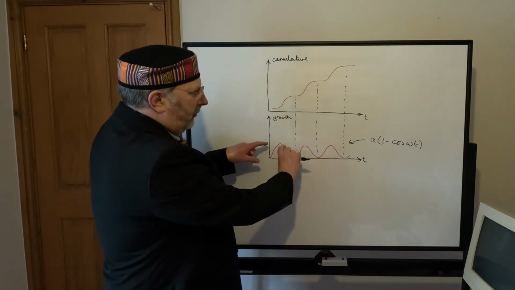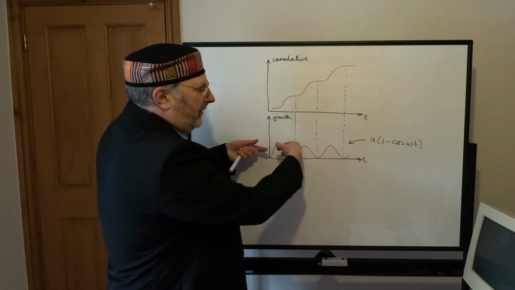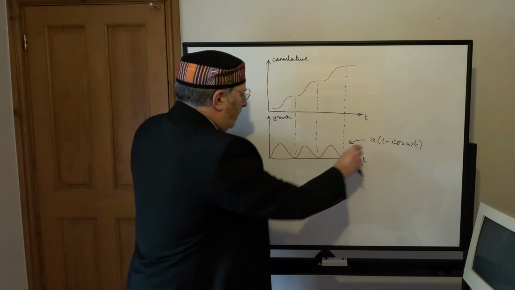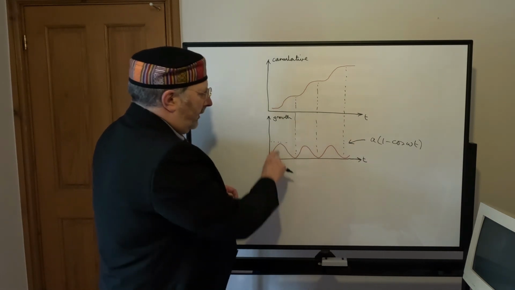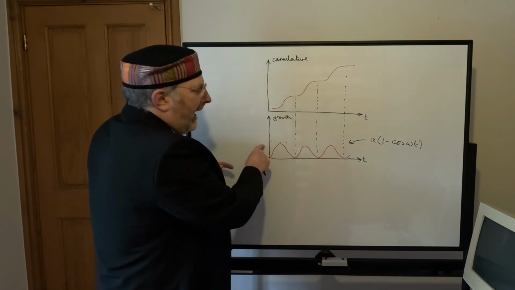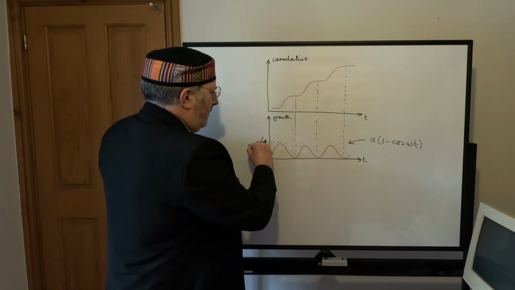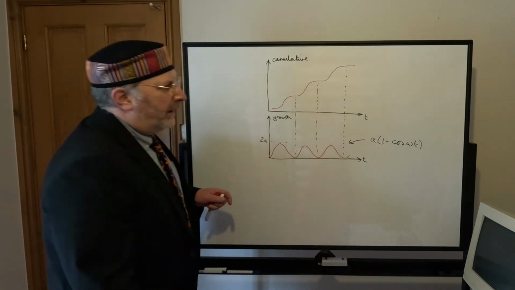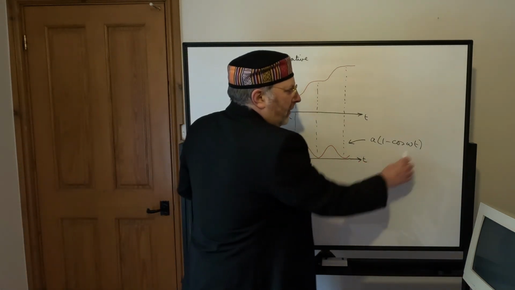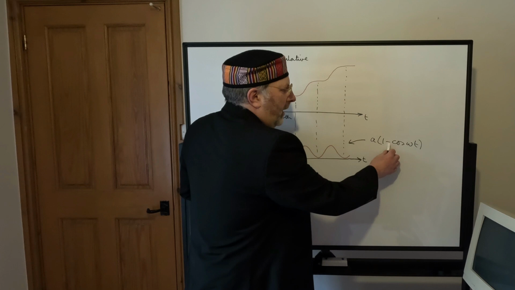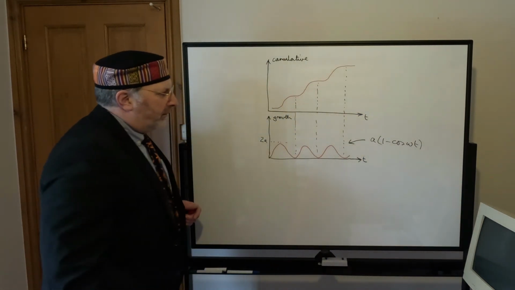So the 1 shifts it up, the minus flips it over, and then we just multiply by A, because the height is not necessarily 1, in fact it would be 2A here, if that's the formula, because when cosine of omega t is minus 1, this would be 1 minus minus 1, which is 1 plus 1, which is 2. So 2A would be the height of this.